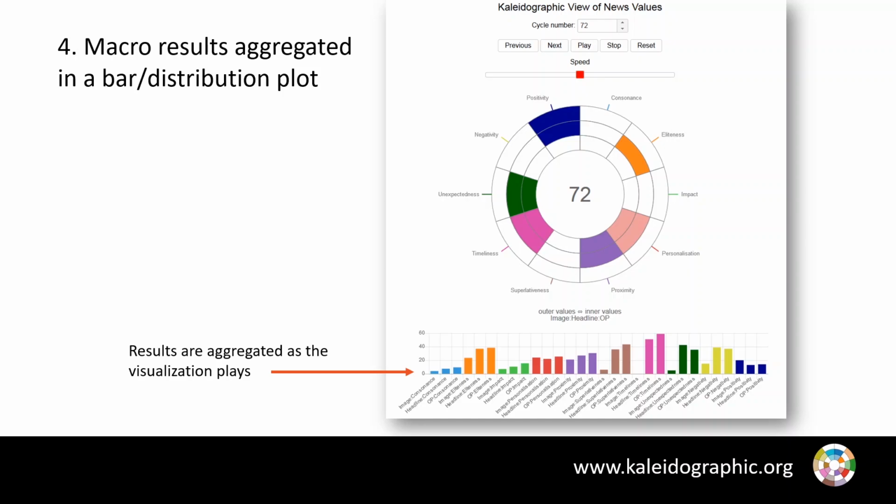You can add in this aggregation bar distribution plot at the bottom of the visualization. And that represents your overall analysis as it accumulates across the whole data, as you would be able to also demonstrate in a static table.